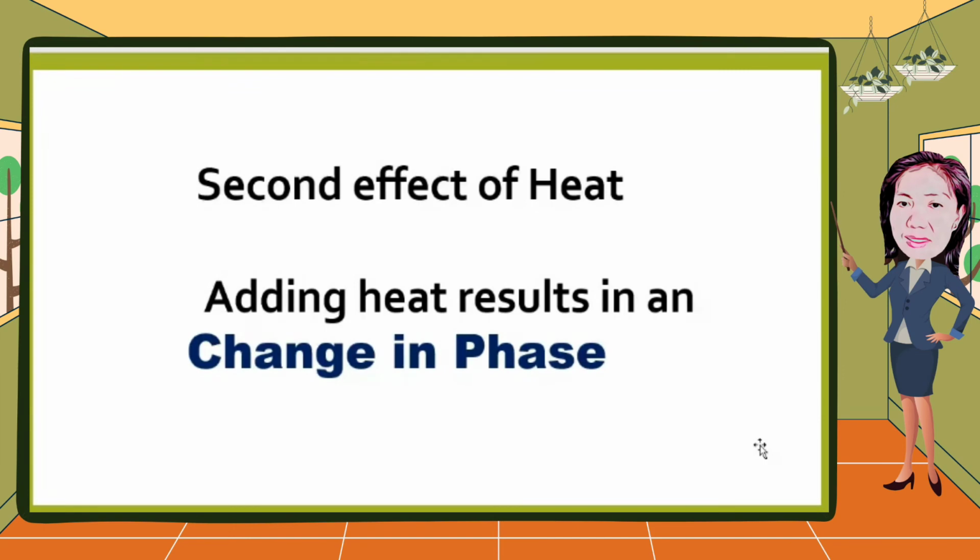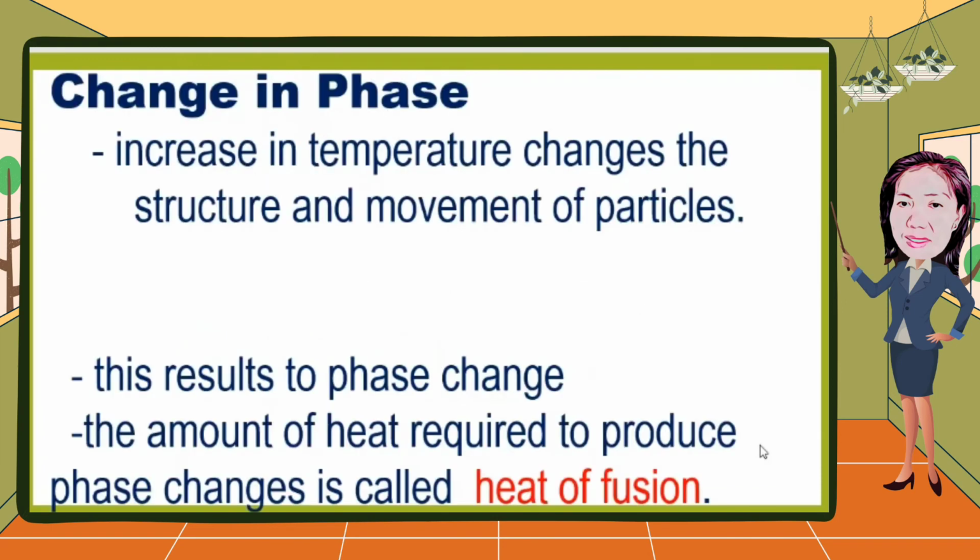Okay? Second effect of it is change in phase. So adding heat results in the change in phase. This is another effect of heat. Okay, change in phase. So if there is an increase in temperature, that will cause the change in the structure and the movement of particles of a substance or object.